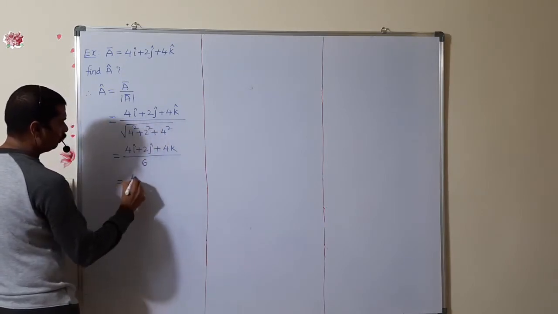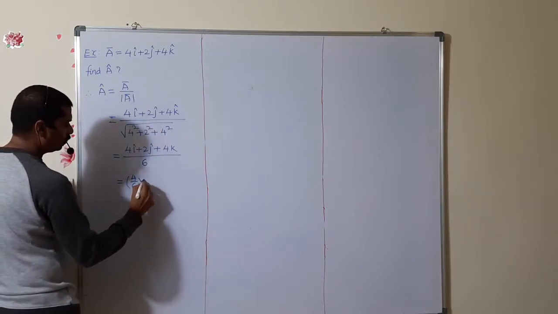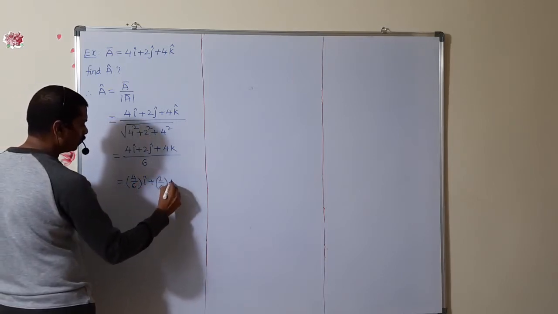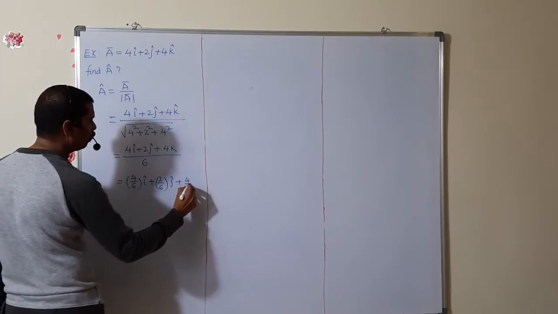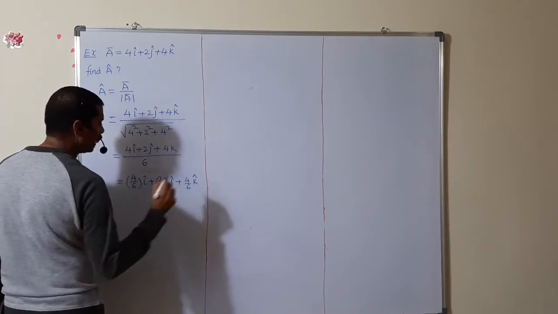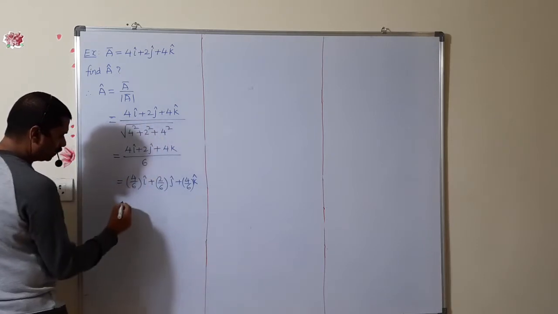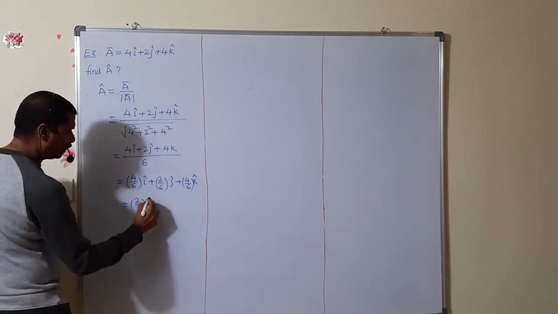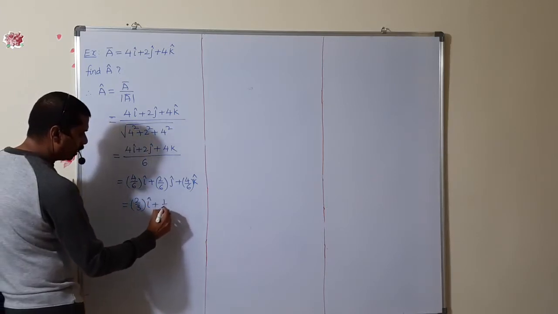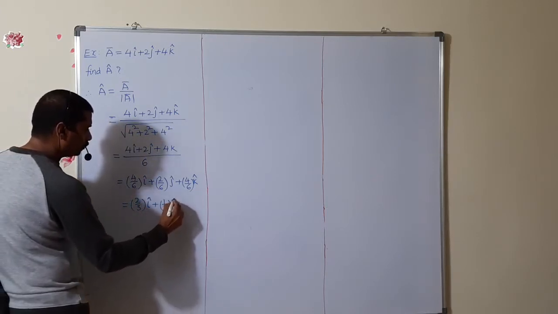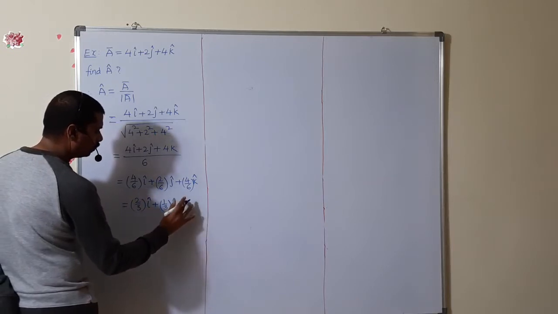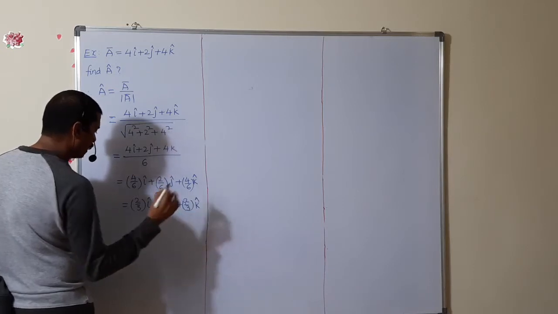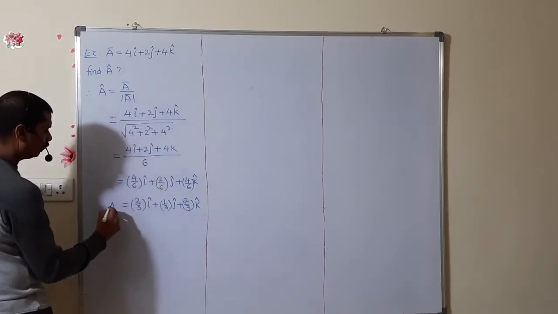Now I am writing 4 by 6 i cap plus 2 by 6 j cap plus 4 by 6 k cap. Now we can cancel this, or we can write 2 by 3 i cap plus 1 by 3 j cap plus 2 by 3 k cap. This is our final formula.